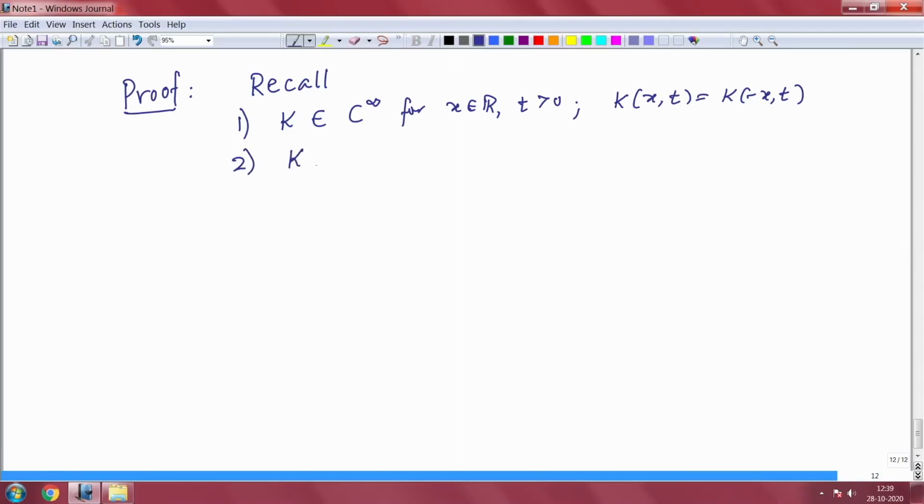K satisfies the heat equation. So, we also saw this K_xx for x in R and t positive.